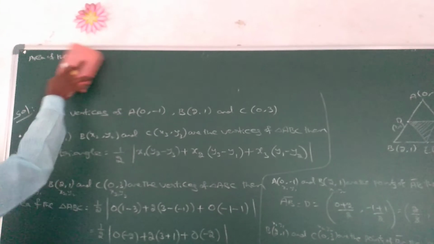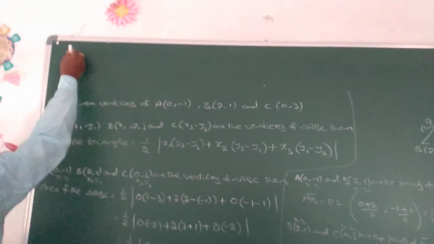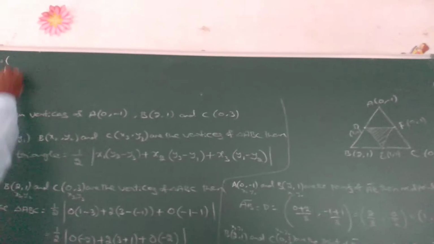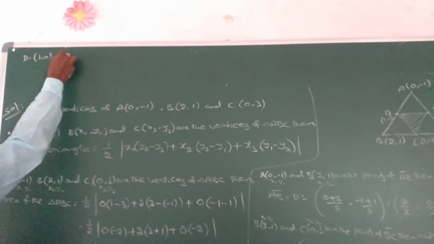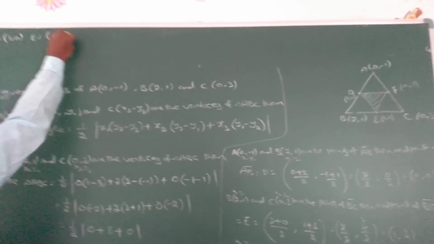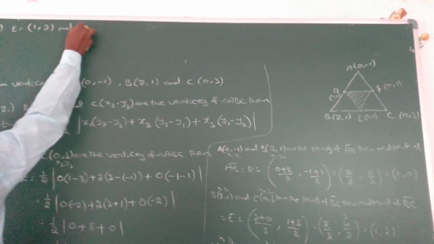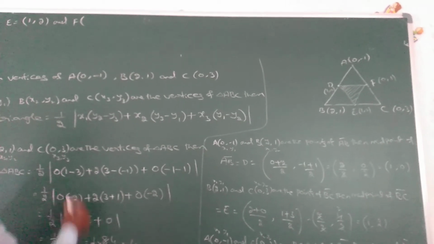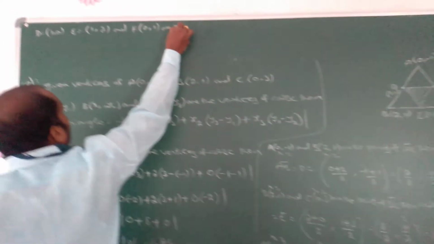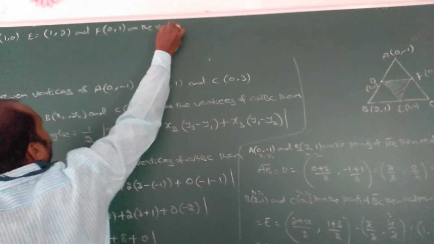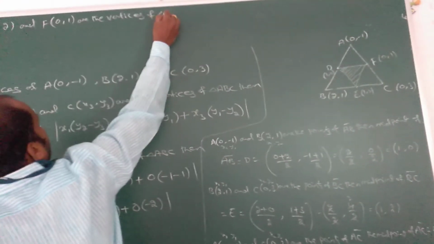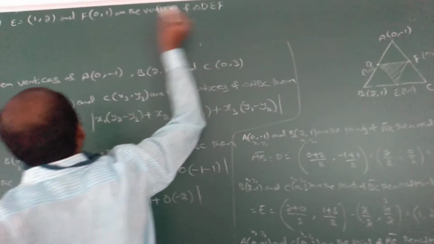First you write the vertices: D equals 1, 0, and E, how much do you get? 1, 2. And F is equal to 0, 1. These are the vertices of triangle DEF.